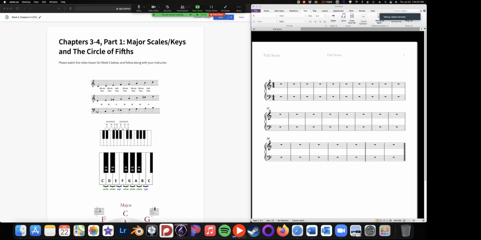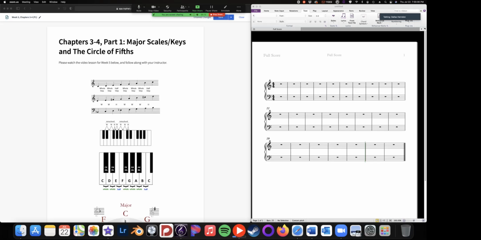There are a few different ways to write or construct major scales, but starting out, one of the important things to consider is the distance between each individual note in the scale. To do this, we go back to the idea of whole steps and half steps. Looking at this image, we can see the distance between each note in terms of whether it's a whole step or a half step, and we have the abbreviations here.